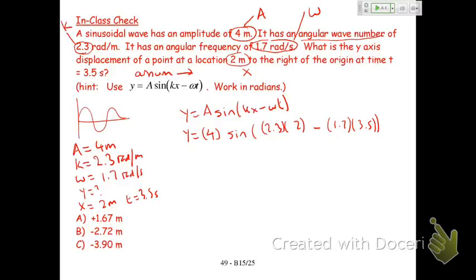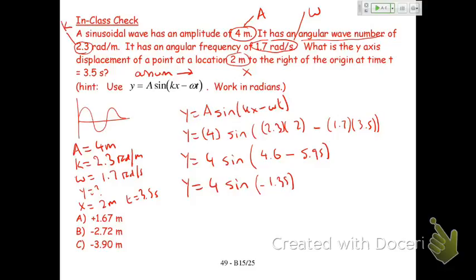Bit of a pain here. 4.6 minus, what's 1.7 times 3.5? 5.95. So y is equal to 4 sine of 4.6 minus 5.95, which is minus 1.35.